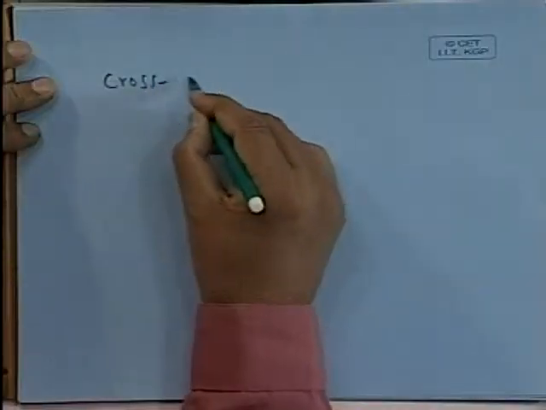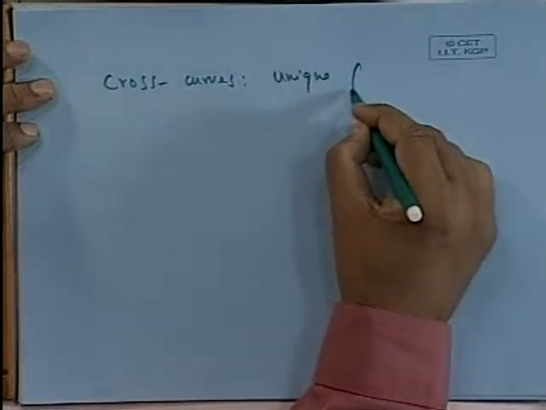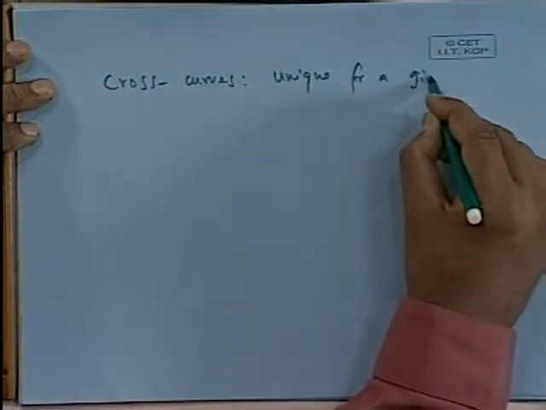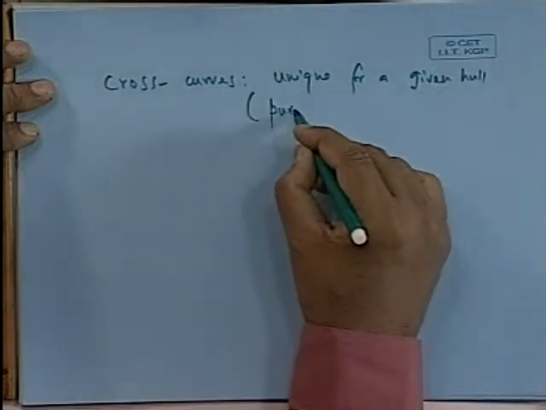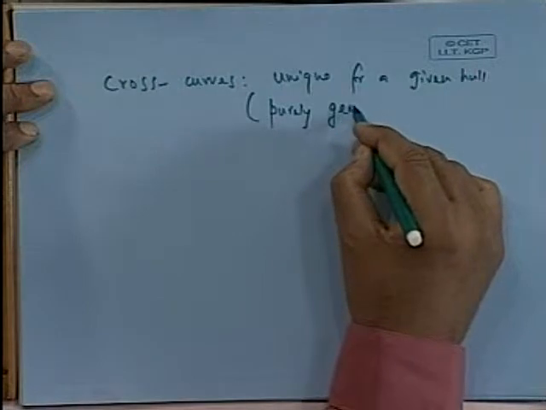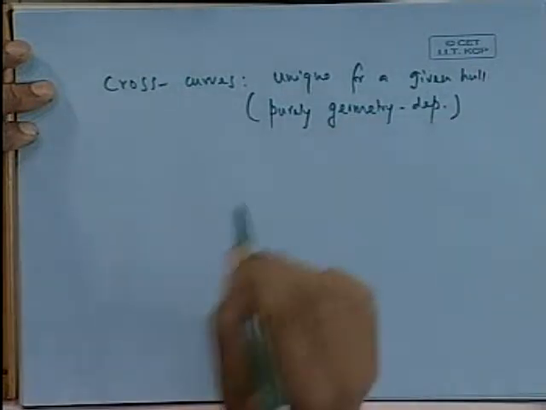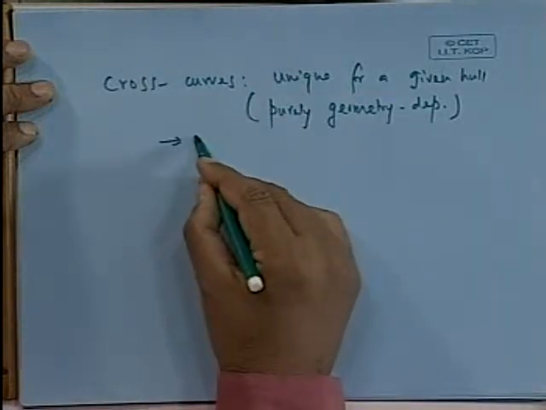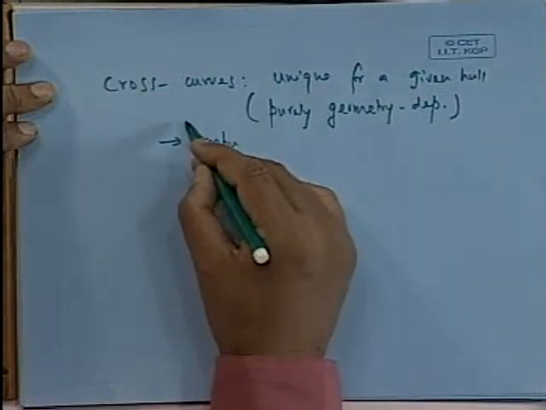See, cross curves is unique for a given hull. That is purely geometry dependent. It is computer, you can say large computations.